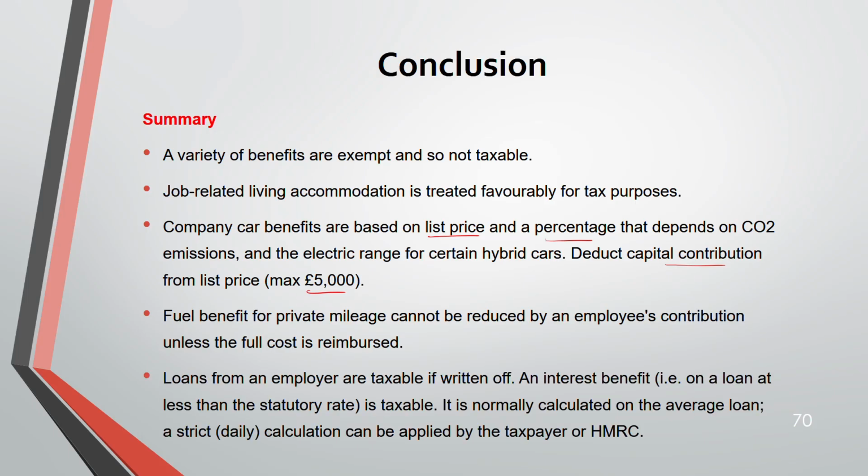Then loans, if you are taking one from an employer. If a loan is written off, it will be taxable. And what about the interest benefit on the loan? Interest benefit means when you are given a loan at a lower interest than the official rate. This is a benefit for you and it will be taxable. There were two methods that we used to calculate the interest benefit: the average method and the daily method.